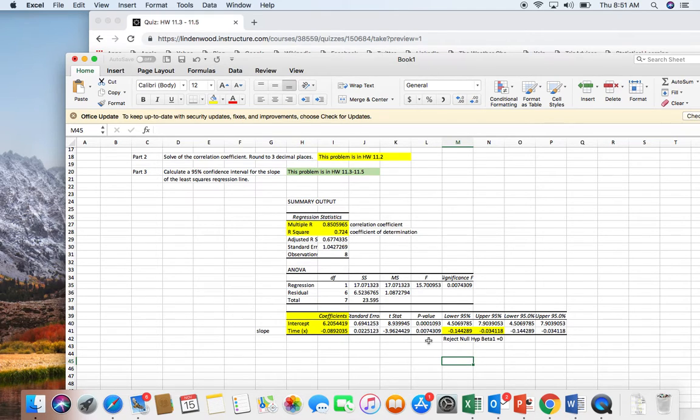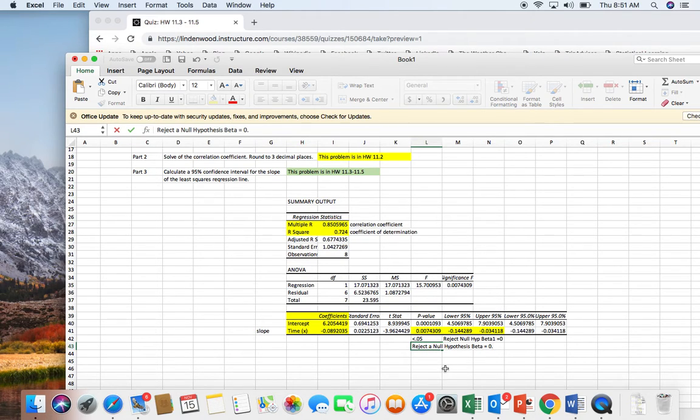The other thing you can do is look at the p-value, which is 0.007, and it is less than 0.05, which also tells you you can reject a null hypothesis that beta equals 0.